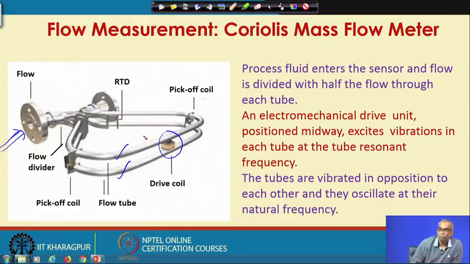This produces vibrations in each tube and this is one sensor, this is another sensor. They are called pick-off coils. We will see what they do in the next slide.